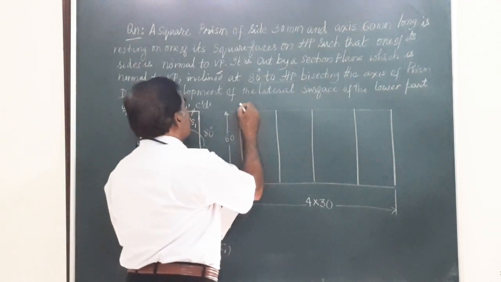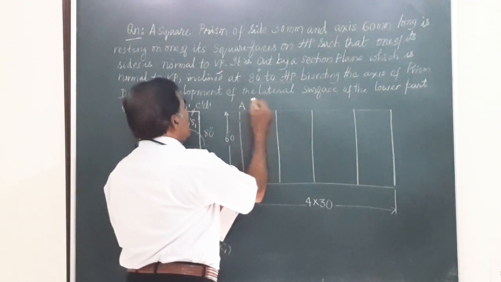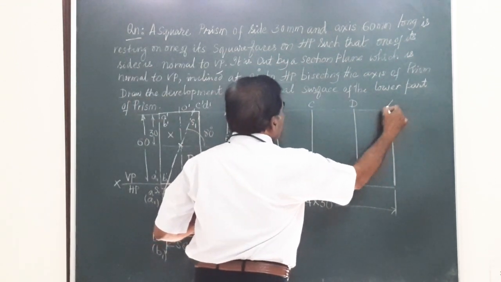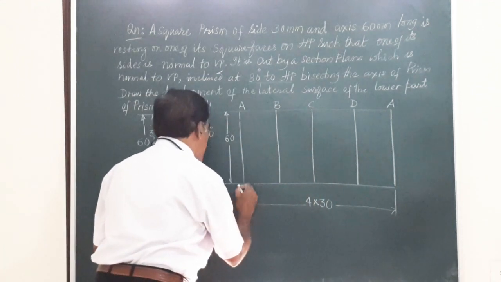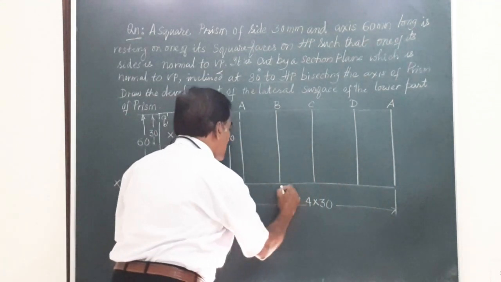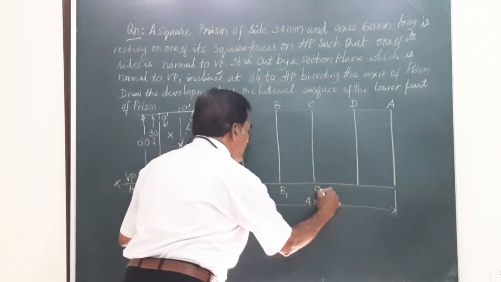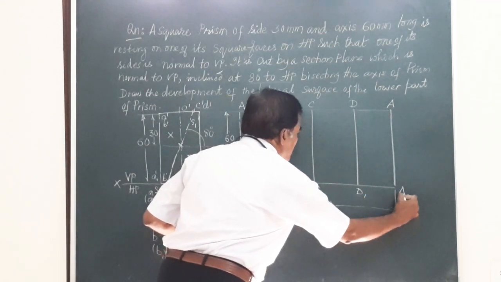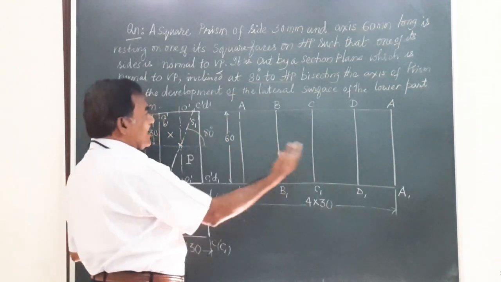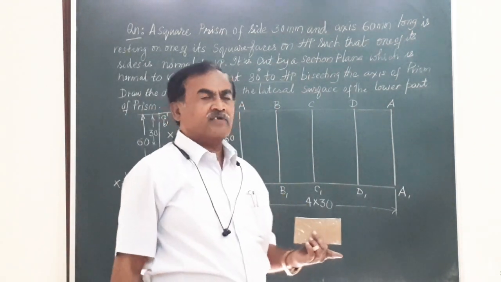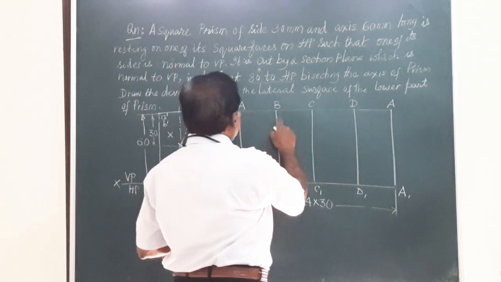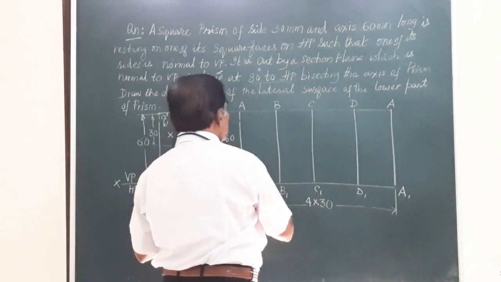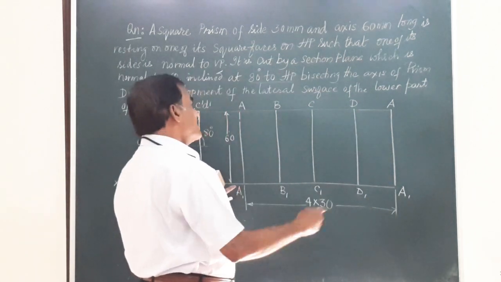So let me start with A. So this is point A, B, C, D and A finally. Similarly for the bottom face, we have A1, B1, C1, D1 and this is again A1. Always the first and the last vertical edges should be the same. If you are starting from B, it is B, C, D, A, B. If you are starting from C, it should be CC1, and at the end it should be CC1 again.